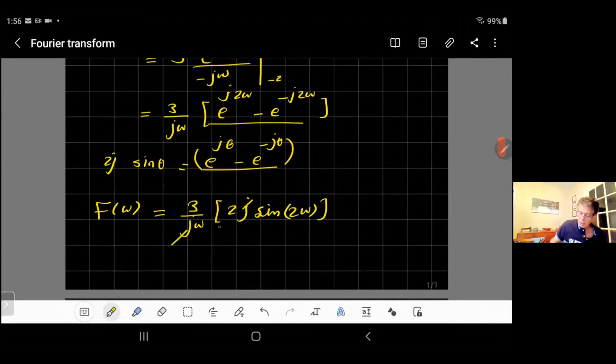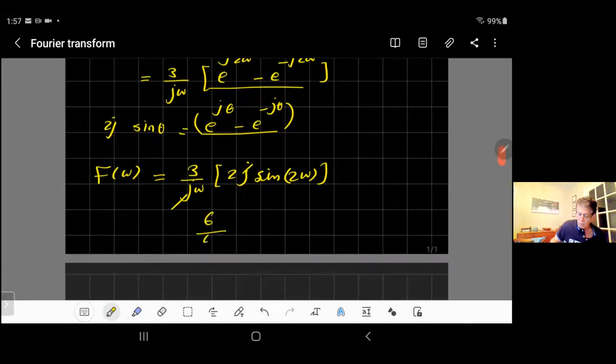The j cancels j, and 2 times 3 is equal to 6. So that will be equal to 6 over omega times sine 2 omega. That will be F of omega.